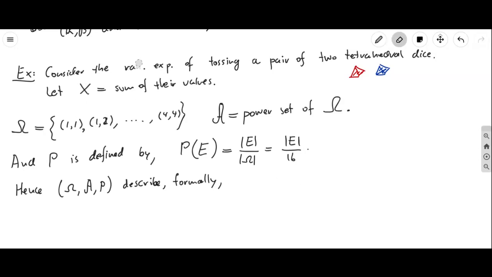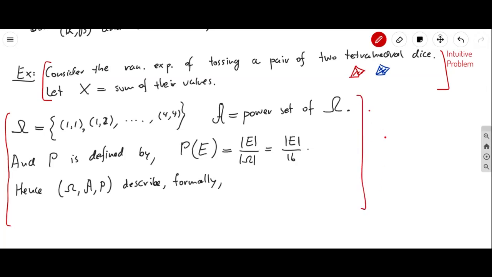Often, this right over here is the intuitive problem. This is the way we think about it. And this over here is the formal statement of this problem when you describe it in the rigorous language of probability theory.